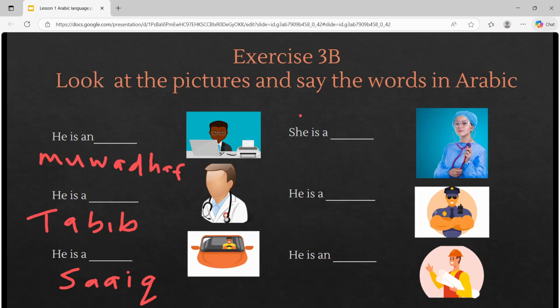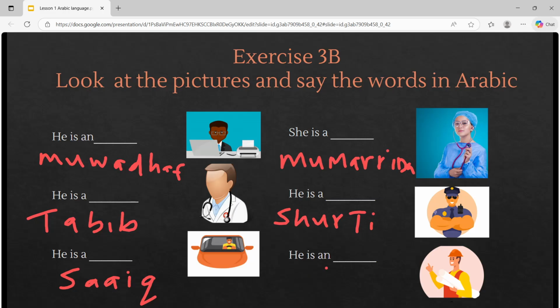All right, this side over here. She's a nurse. And how do you say that in Arabic? ممرضة. All right, next one. He is a policeman. How do you say policeman in Arabic? شرطي. All right.